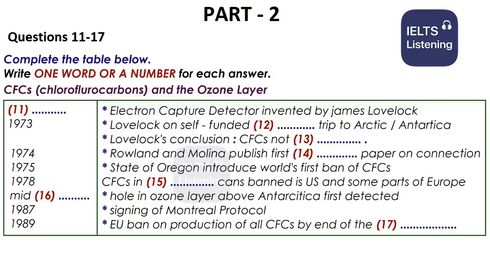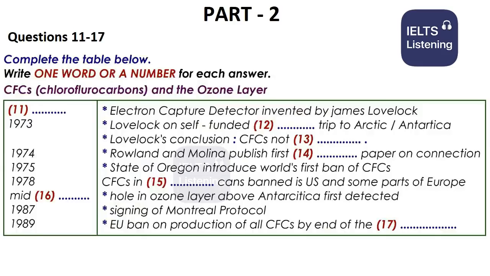This is a machine that can detect very small amounts of a chemical compound in the atmosphere. Indeed, using the machine, it was Lovelock who was the first person to detect the widespread presence of CFCs in the Earth's atmosphere.